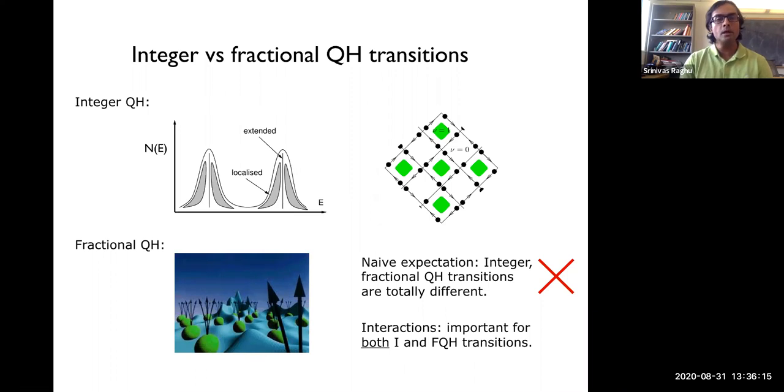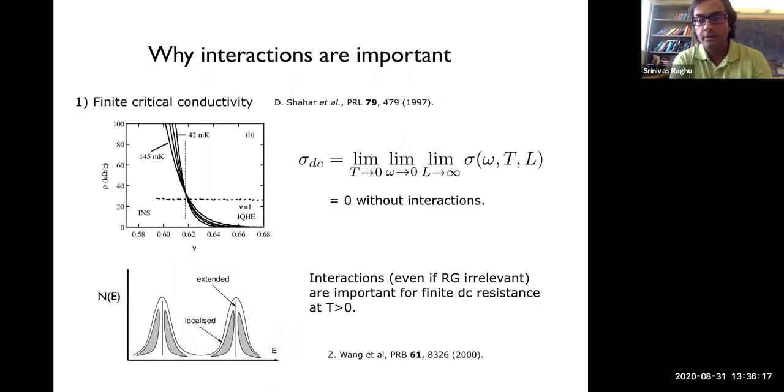Okay. More direct evidence that interactions are important at the critical point is the very basic observation that there's finite resistivity at the critical point. In 2 dimensions, the resistivity has the same units as resistance. So the resistivity is a universal amplitude associated with the phase transition.